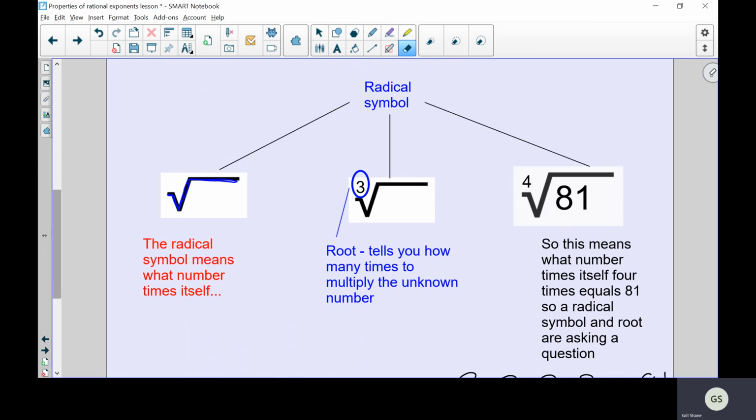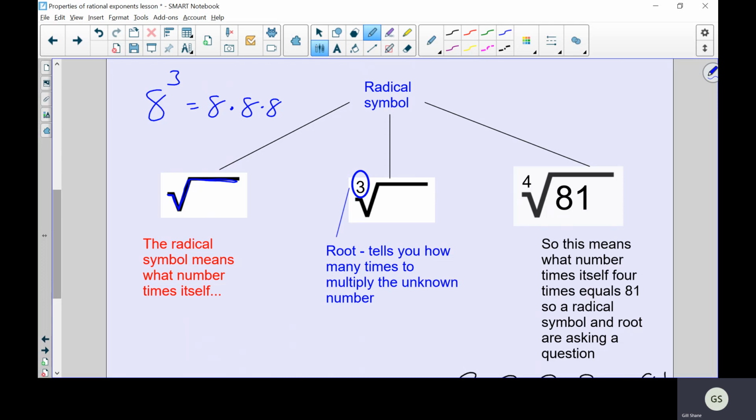So this is the opposite of exponents, by the way. When we have a number here, this is telling us the big number, the base, times itself. So we take the base and we multiply it times itself. This is the opposite. It's saying what number times itself.